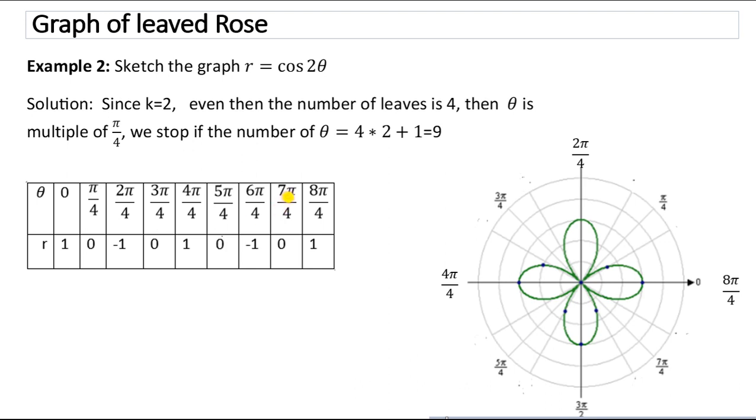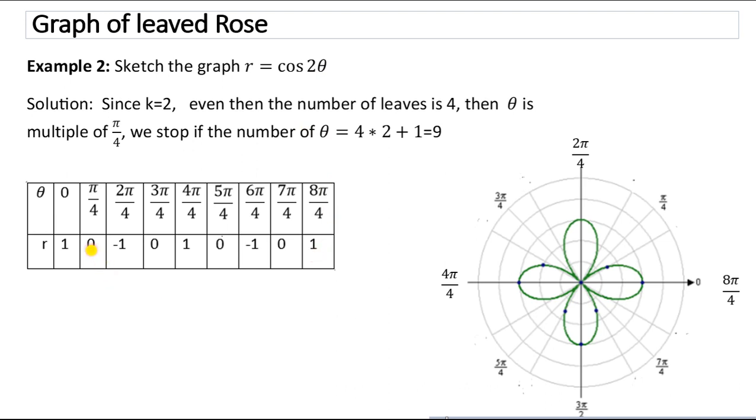If theta equals 7 pi over 4, I get cosine 7 pi over 2, 0. If theta equals 8 pi over 4, I get cosine 4 pi, 1.